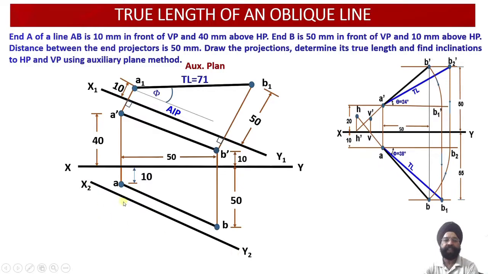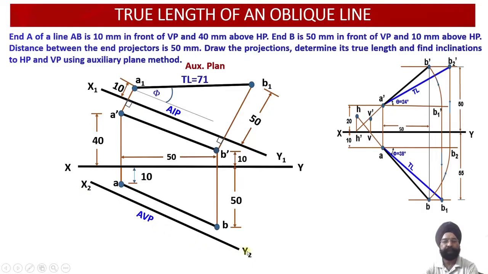Now AVP is drawn, please remember, parallel to the plan projection line, and AIP is always drawn parallel to the elevation projection line. Another thing, you have to keep minimum distance, around 1 centimeter, between this elevation projection line and the auxiliary plane. Similarly over here, we have to keep minimum distance between this plan projection line and the auxiliary vertical plane that we have drawn.